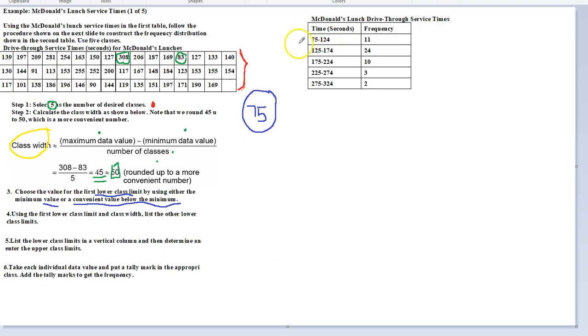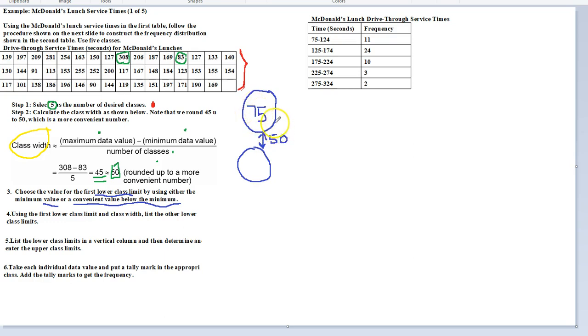Now, after that, we need to find what the other lower class limits are for each row. We started at 75, so each class width from 75 to the next one is going to be 50.